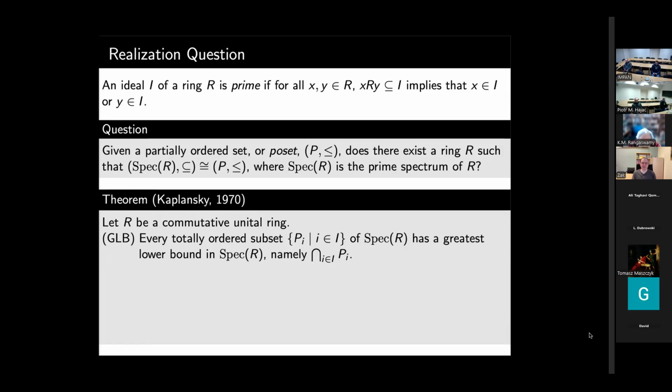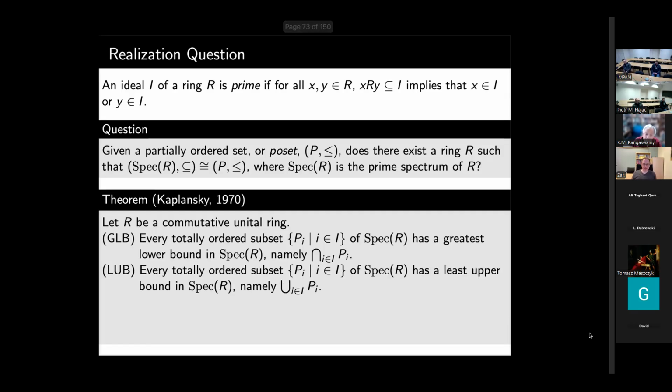So any partially ordered set that you hope to realize this way would also have to have them. So the first property is this: every chain has a greatest lower bound. And the reason for this is that if you take a chain of prime ideals and you take the intersection, that's also going to be a prime ideal. And so every chain has to have a greatest lower bound.